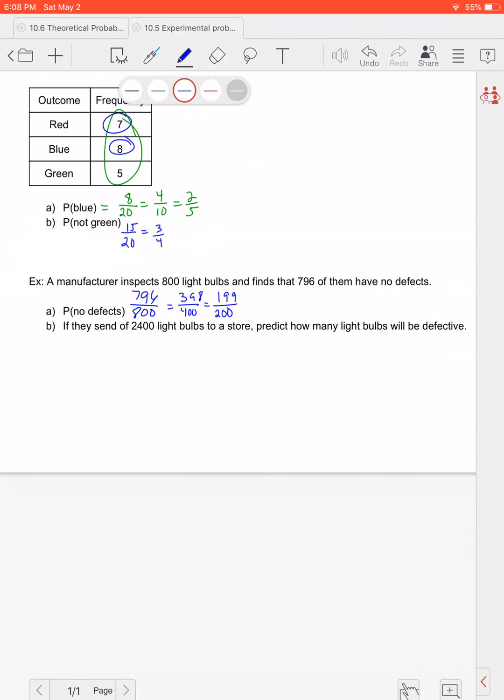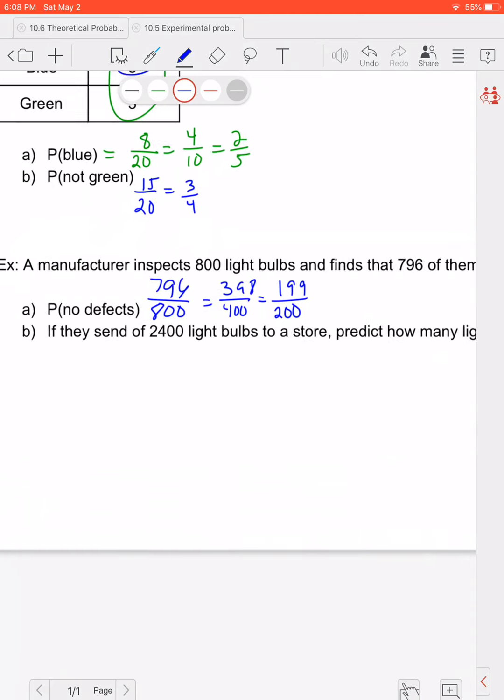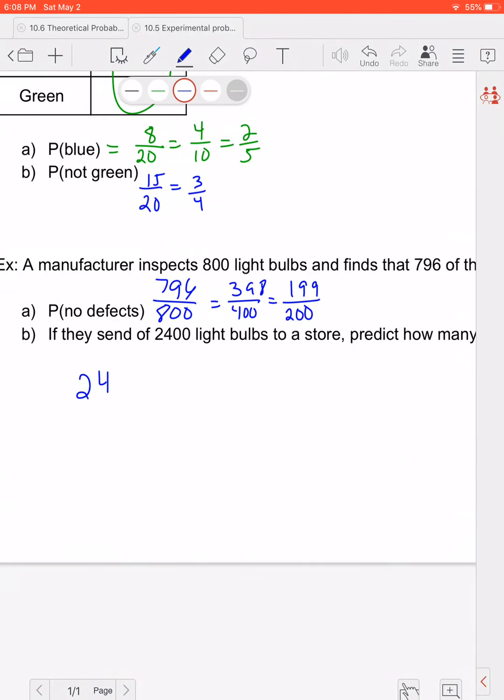So if they send me 2,400 light bulbs to a store, predict how many light bulbs will be defective. So what we're going to do is we would multiply the probability by the total number of bulbs. Now, I am going to use the original fraction because I can see that I would be able to reduce some things, but we still could use the 199 over 200, and I'll use that next to show you.